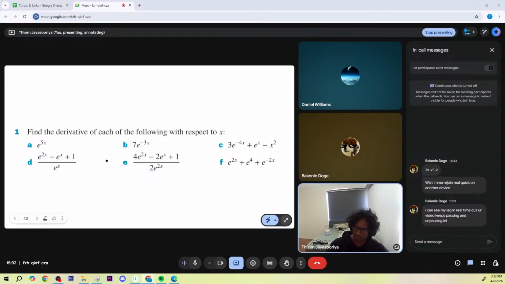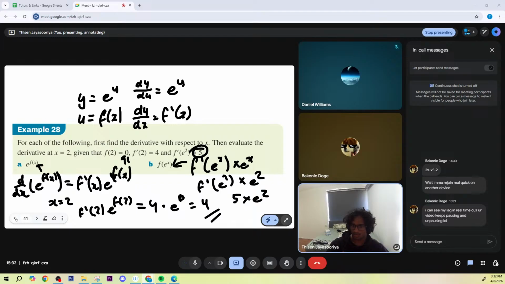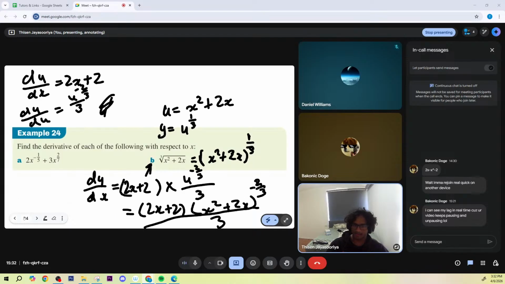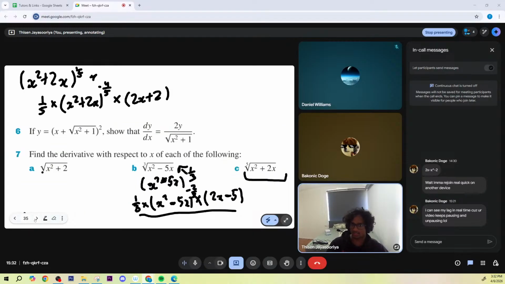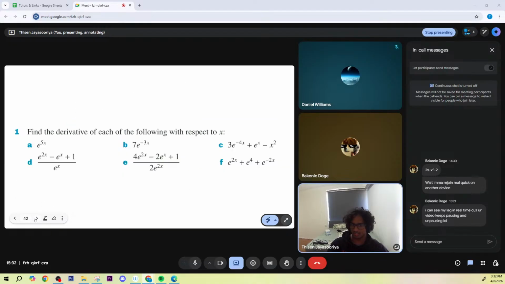I'm going to send you these slides, and I want you to have a go at going through them, because these use the exact same skills that we've been focusing on. It's just the chain rule and the derivative of e. I'll have to find some more for these chain rule ones, but if you guys want to go back and retry these ones, be my guest. We'll just consolidate your understanding.